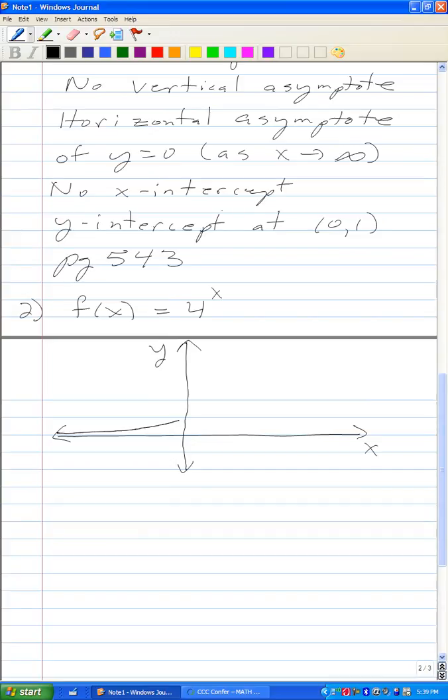Negative 1, 1 over 4. 0, 1. 1, 4. And so it looks something like this. The y-intercept is at the point 0, 1. The equation of the asymptote is y equals 0.